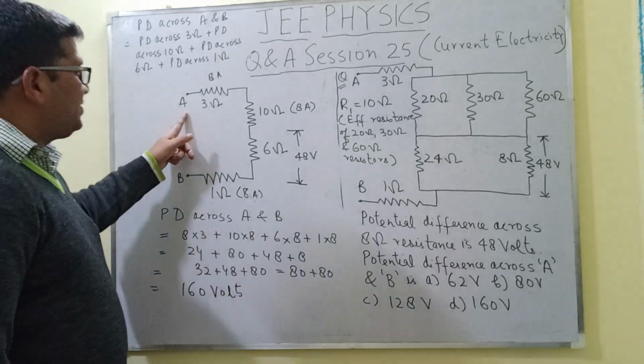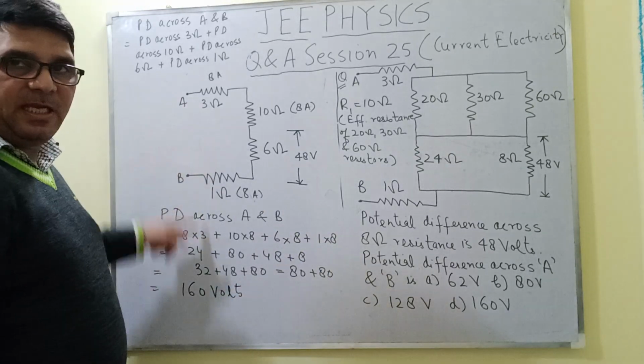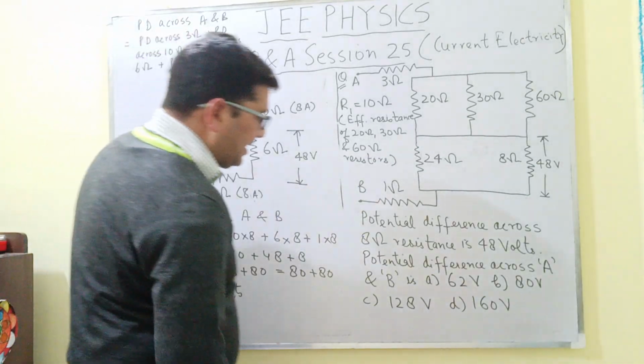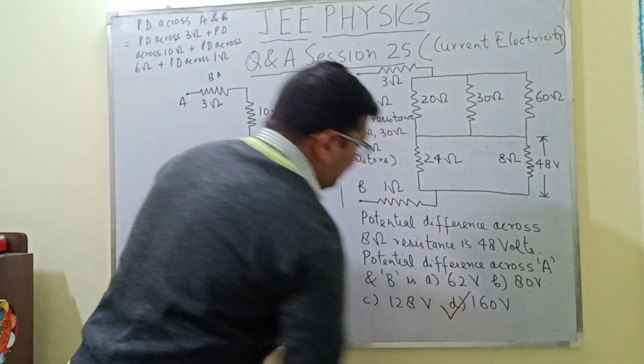So the potential difference across A and B will be equal to 160 volts. So our correct option is D.